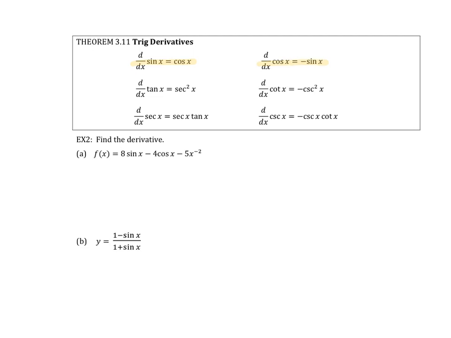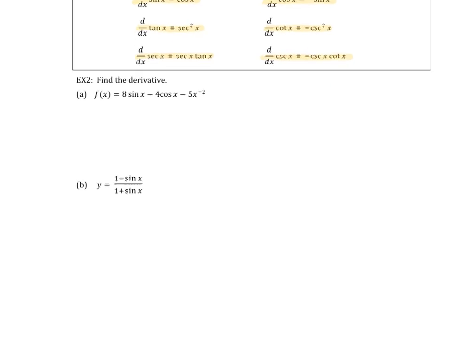These are just derivatives that you need to know. The derivative of tangent is secant squared. The derivative of cotangent is negative cosecant squared. The derivative of secant is secant tangent. And the derivative of cosecant is negative cosecant cotangent.